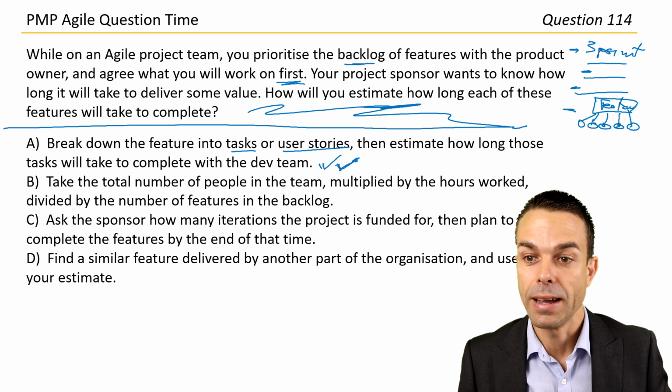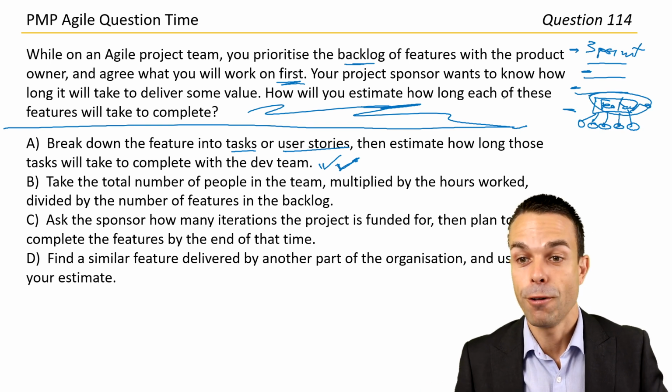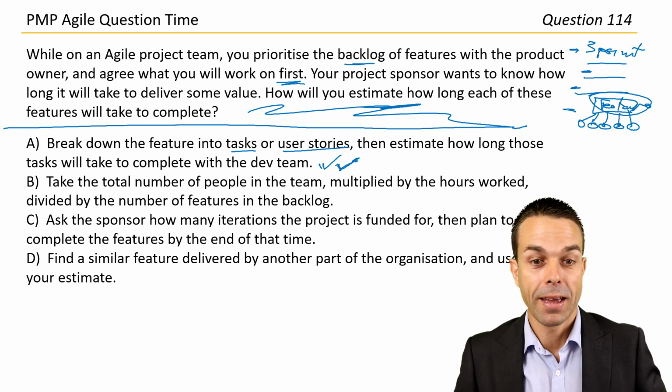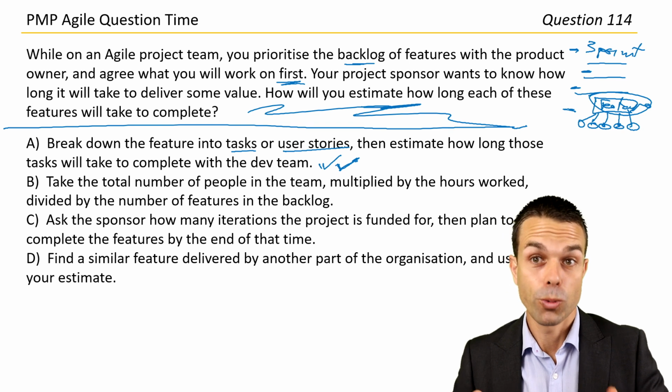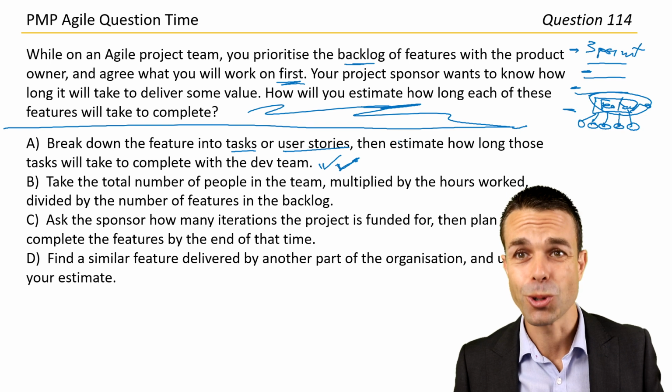By doing all of those individually, now we have a really good estimate for that particular feature. It's bottom-up estimating. Anyway, that's a long-winded way of saying, you will need to know that sort of thing for the exam, and that's why answer A is so good for this one.